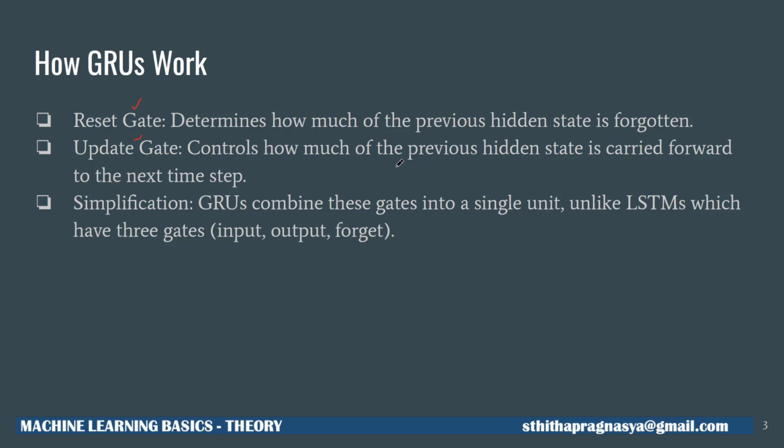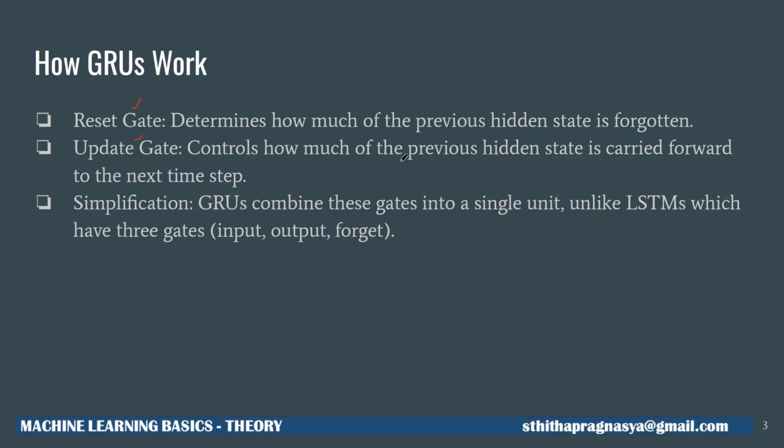The update gate decides how much of the previous hidden state should be carried forward to the next time step. It controls the amount of information that is passed on. When the update gate is close to 1, the hidden state is mostly carried forward. When it's close to 0, the hidden state is updated with the current input.